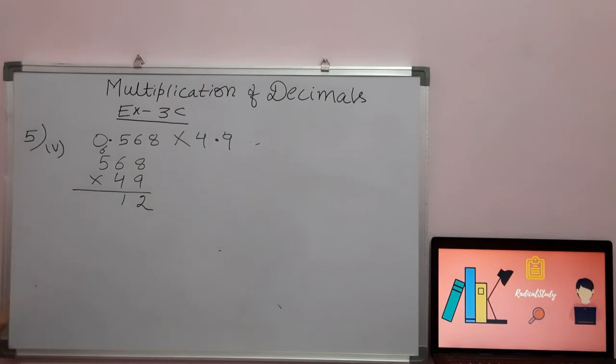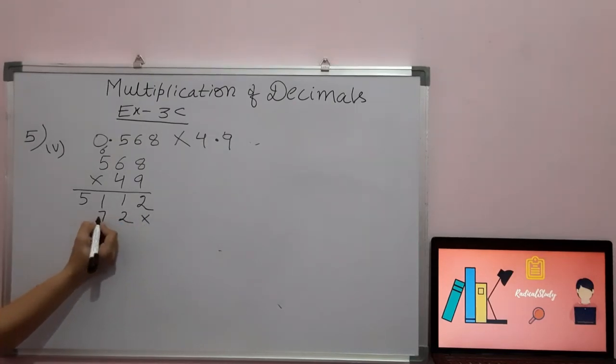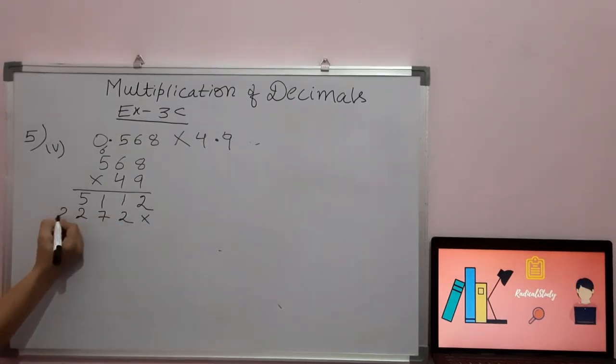Then 9 5 जा 45, 45 plus 6 it will be 51. 4 8 जा 32, 4 6 जा 24, 27, 4 5 जा 20, 22.